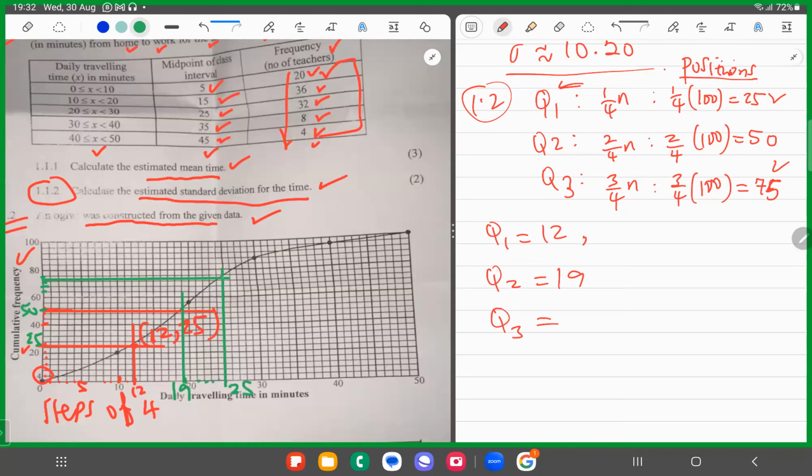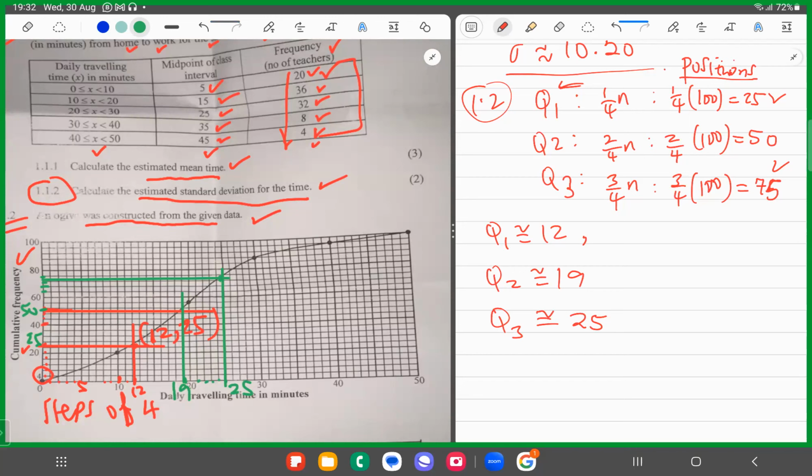So now, it means therefore that Q3 is going to be at approximately that position and it is at about 25. These are just approximate.